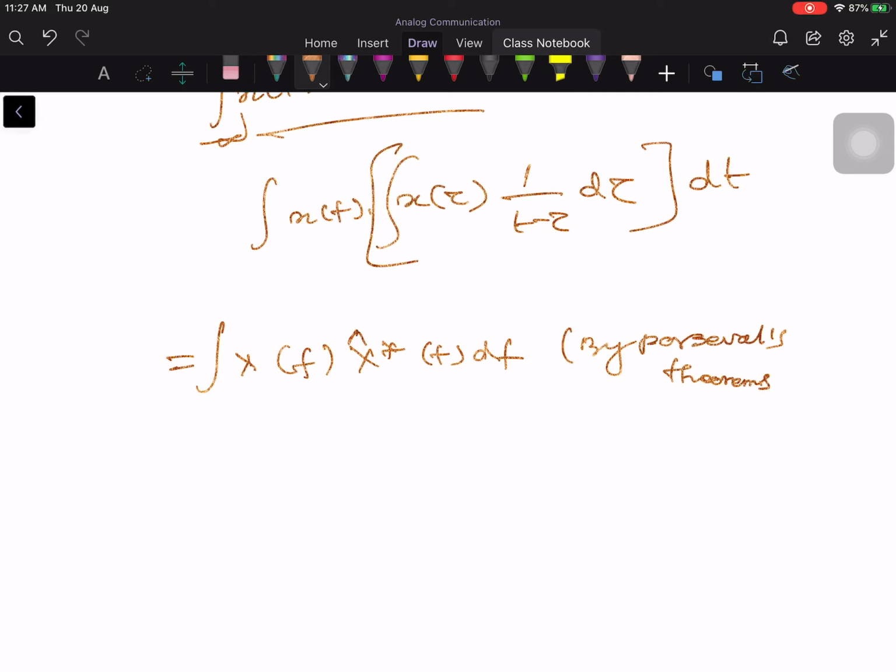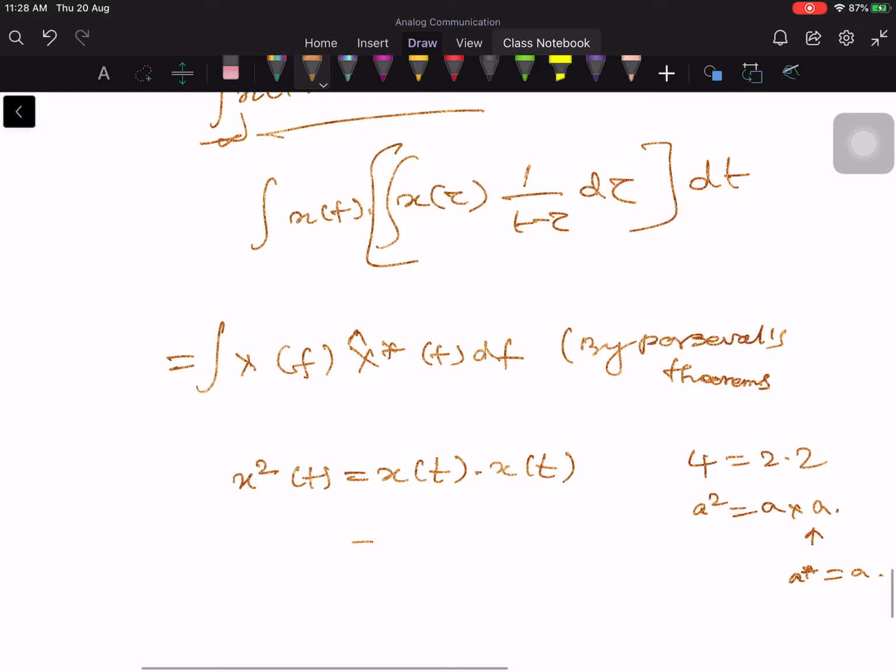Okay, so you can think for real signals like x square of t, you can write as x of t times x of t. For example, 4 you can write 2 times 2, right? A square you can write a times a. Now if it is real, then a conjugate is same as a. Therefore for real signals this x of t is the same as x conjugate of t, right?